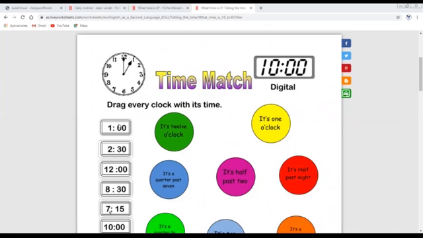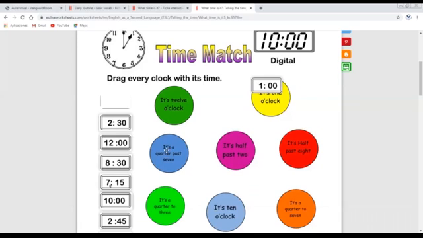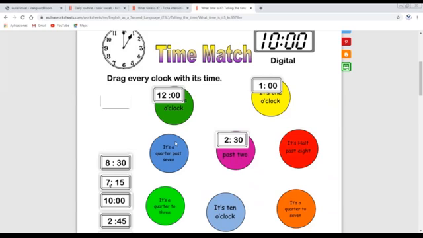For example, it's 1 o'clock. Next, it's 2:30. Next, it's 12 o'clock.